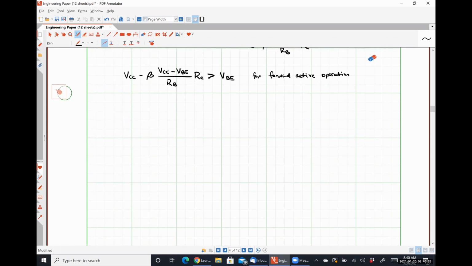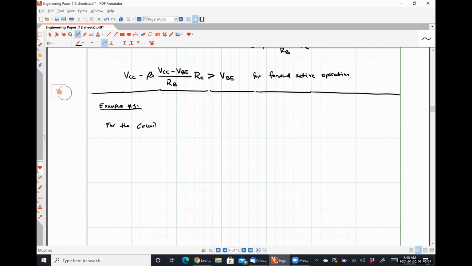I've got a good amount of space here. So let's work an example problem. This is from the textbook. It says, for the circuit shown below, beta is equal to 100 and IS is equal to 10 to the minus 17 amperes.